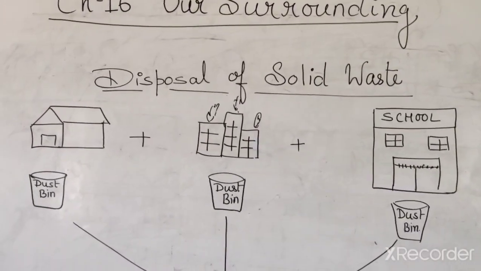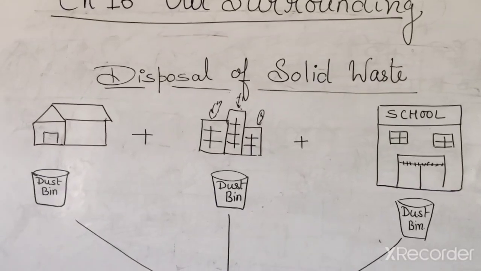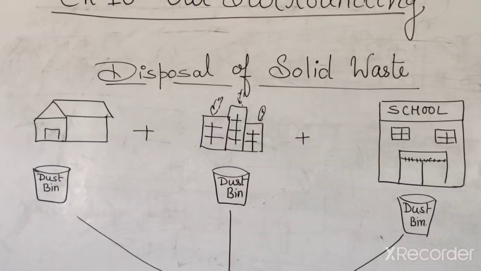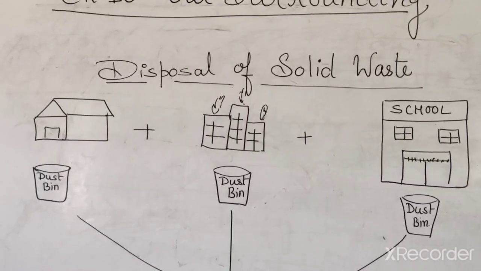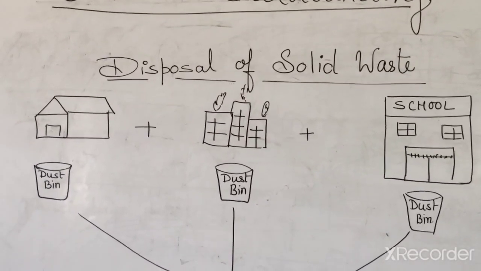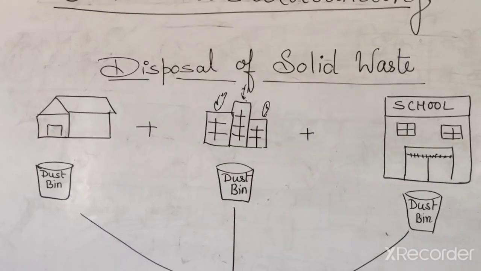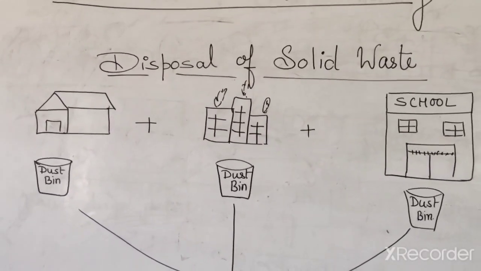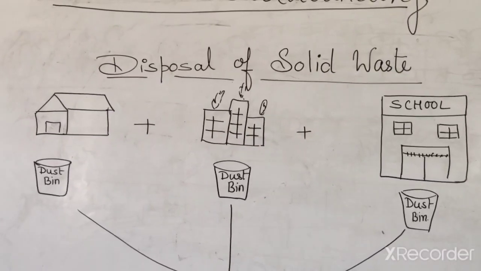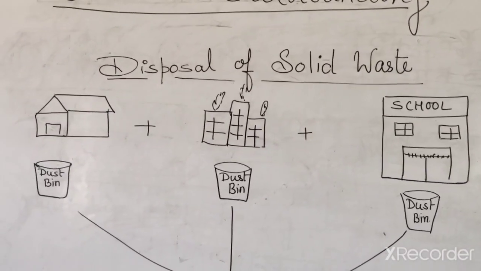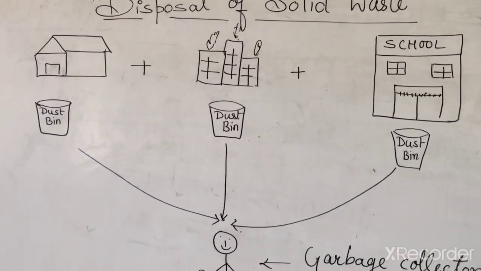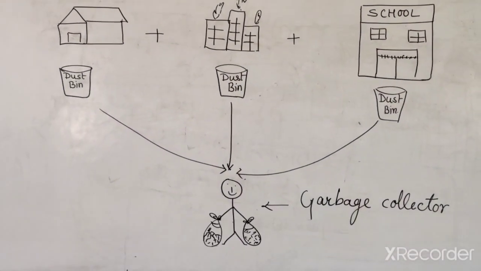See, the solid waste like paper, plastic bags, vegetables, rotten fruits, leaves, glasses, bottles, everything which is thrown away by you in the dustbin from your houses, from the factories, from the school, this garbage is collected by the garbage collector.